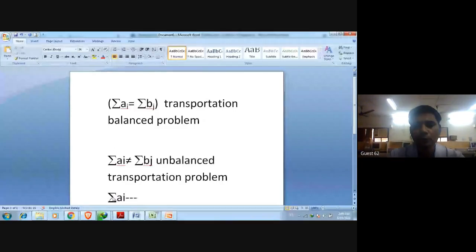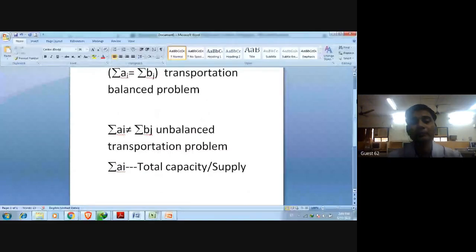Or you can say that this is your supply. So summation of ai is either your total capacity or supply, meaning the capacity of the factory or plant that is manufacturing.